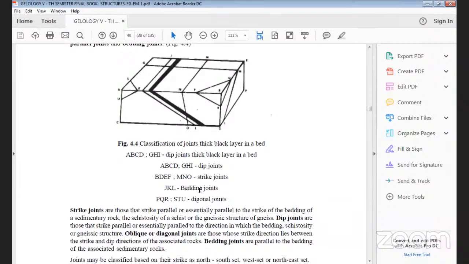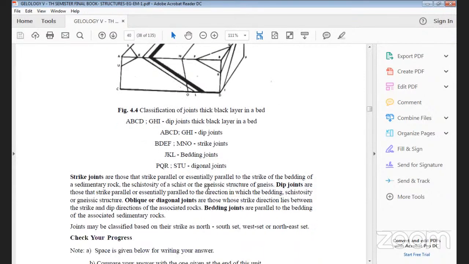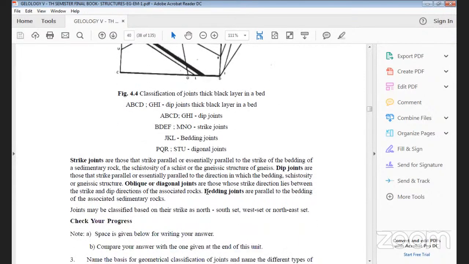S, T, U are these diagonal joints. Strike joints are those that strike parallel, or essentially parallel, to the strike of the bedding of a sedimentary rock, or the schistosity of a schist, or the gneissic structure of gneisses.